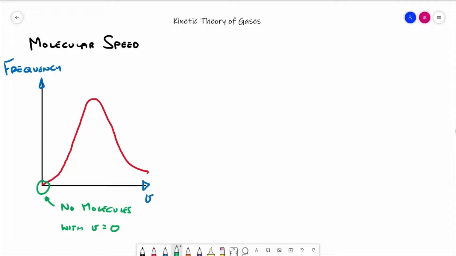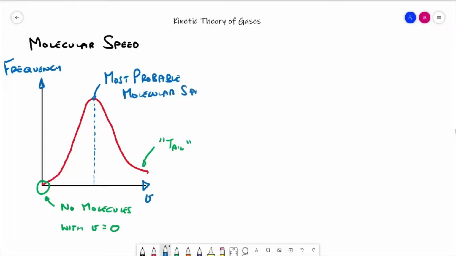Secondly, you'll notice that we do have a tail on the right hand side. Okay, now what that means is that we've got two different things we can look at. Firstly, at this point here, we will have the most probable molecular speed, but where the average speed would be slightly higher than that.